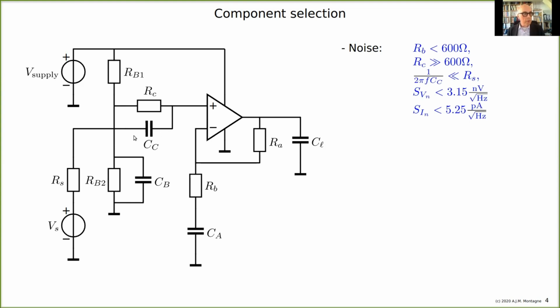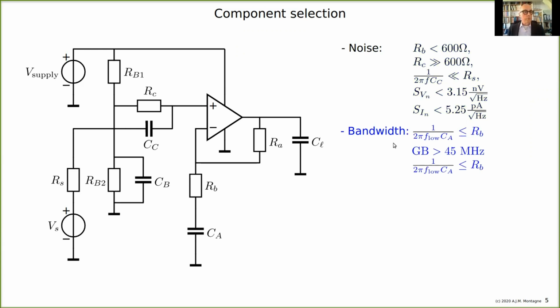So this impedance should be lower than this one over the whole frequency range of interest. And that's why you find this, this should be F low, the lowest frequency, which is 100 Hertz. Showstopper values for the operational amplifier noise are found in 3 nanovolt per square root of Hertz and 5.25 picoamps per square root of Hertz.